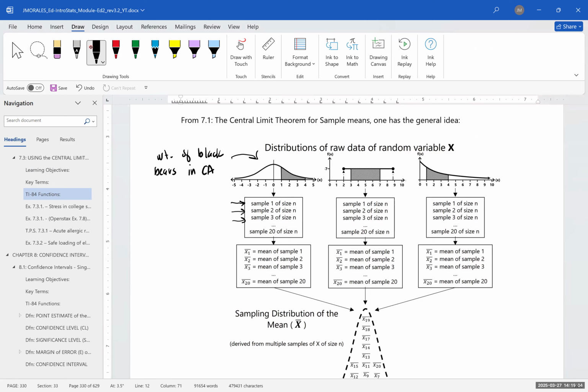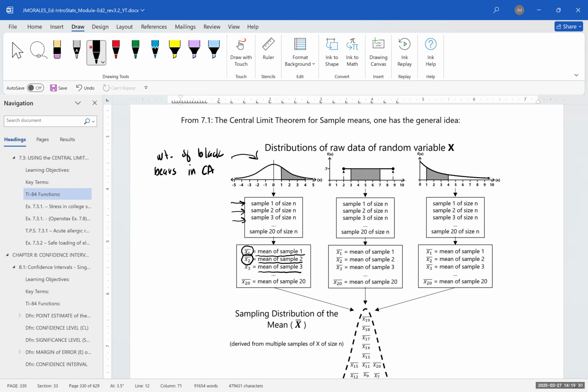And from 16 bear weights, we end up calculating an average or a mean of that sample of 16 bears. Then we go to another location. We calculate the mean of another 16 bears in another location. And then we go to maybe a third location. We trap 16 bears.